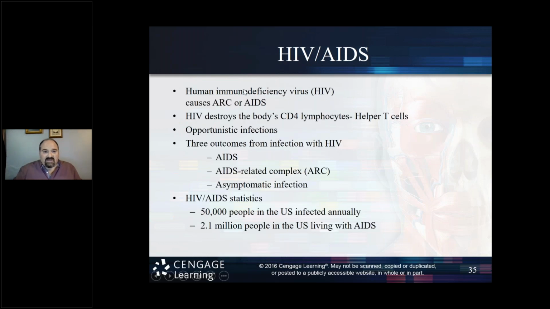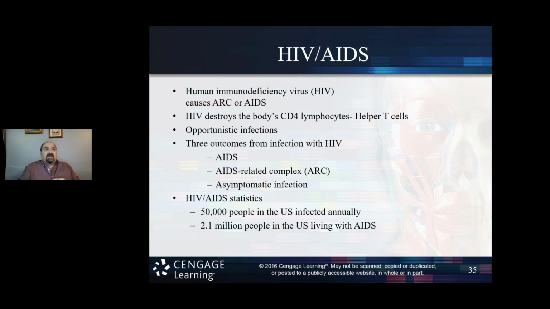So this HIV virus, this immunodeficiency virus, can lead to AIDS, right? It destroys the CD4 lymphocytes, which differentiate and become the helper T cells. And so when it affects the helper T cells, the specific immune response is affected. And it affects not only the T cells, but also the B cells.